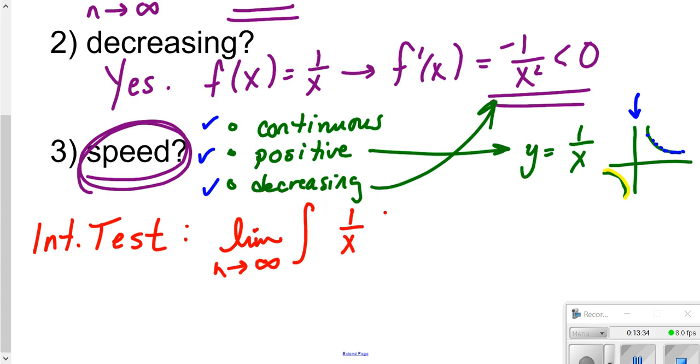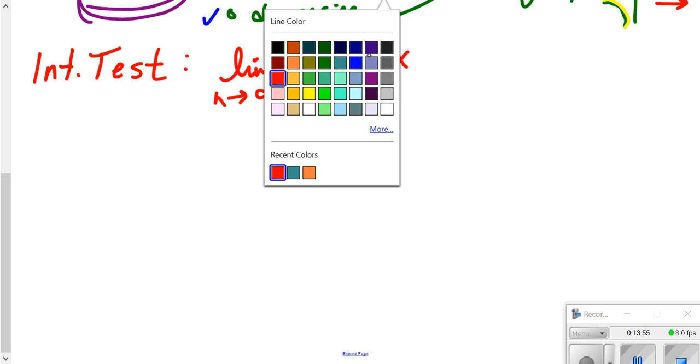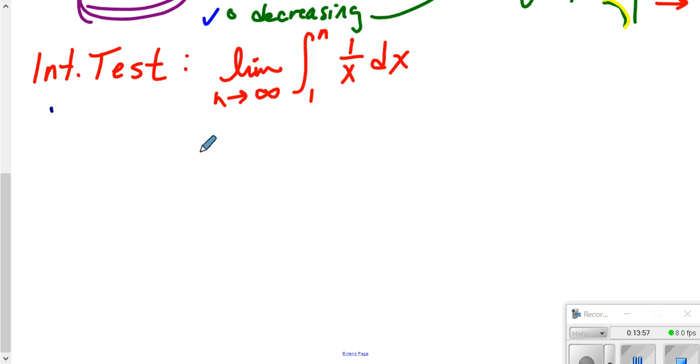So this is the related continuous function, continuous, excluding 0. But we're fine because I'm saying I'm starting from 1, like over here, and I'm going to infinity. So I'm looking at this region. And I want to know if that region has a finite area or an infinite area. So this plays into what we learned in our previous unit. We're just going to anti-differentiate, et cetera, et cetera.